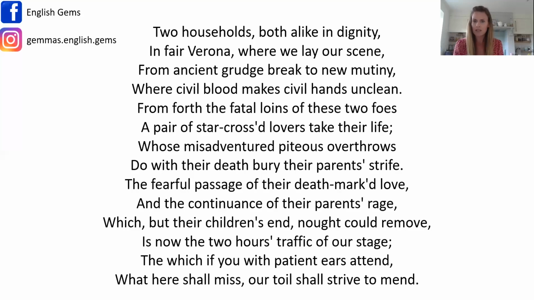The fearful passage of their death-marked love, and the continuance of their parents' rage, which, but their children's end, naught could remove, is now the two hours' traffic of our stage. The which if you with patient ears attend, what here shall miss, our toil shall strive to mend.